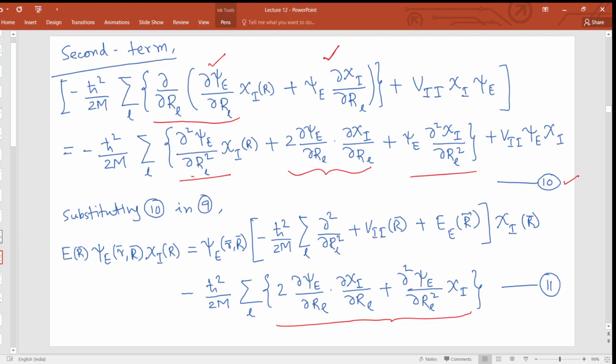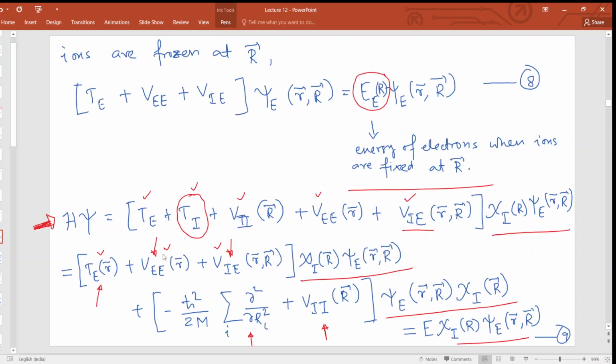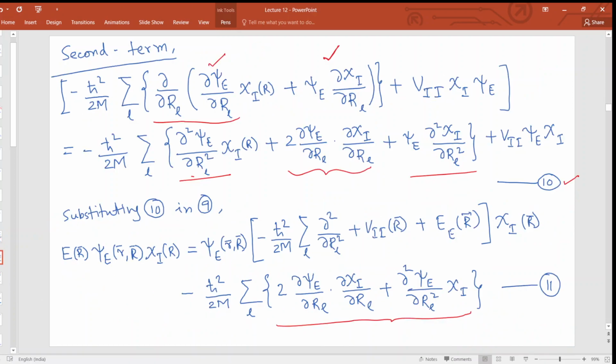Now we are first looking at the second term, the term which denotes the motion of the ions and the ion interaction.